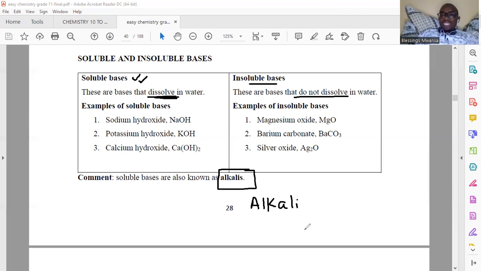So an alkali is a soluble base, a base that is capable of dissolving. Examples of soluble bases, we have sodium hydroxide, potassium hydroxide, and calcium hydroxide. These are bases that can dissolve.